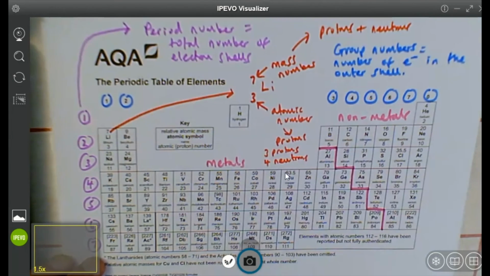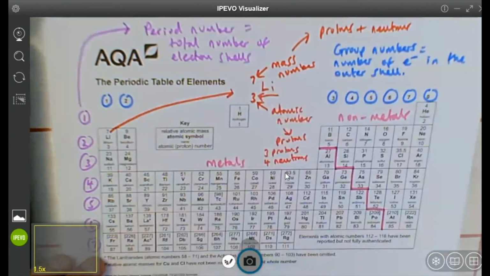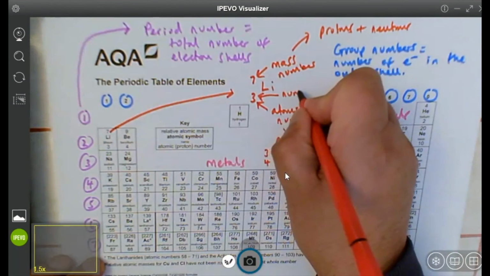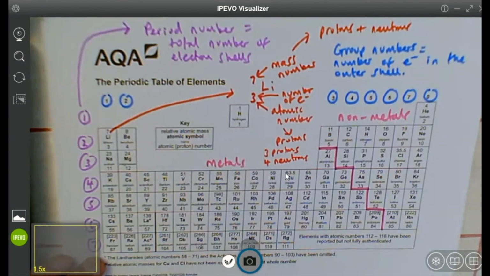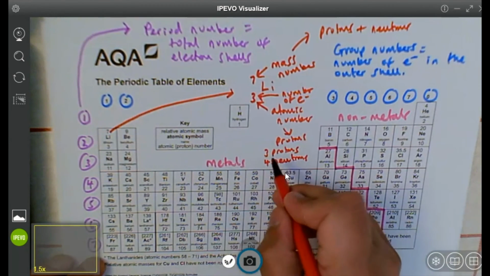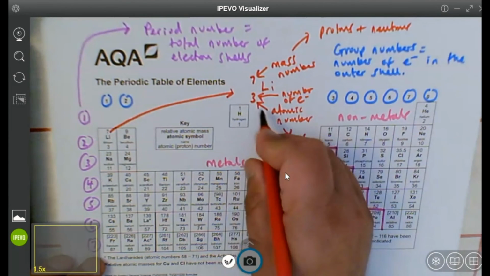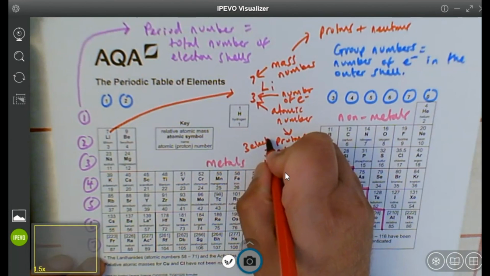One other piece of information you need to know is that the 3 also refers to the number of electrons in a neutral atom. In this case, we've got 3 protons, 4 neutrons, and the atomic number is 3, so we've also got 3 electrons.